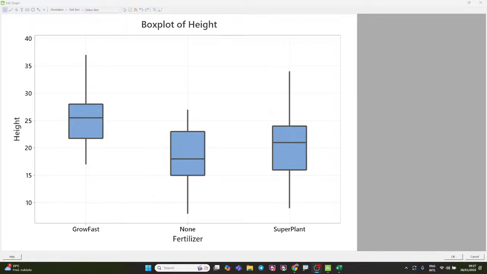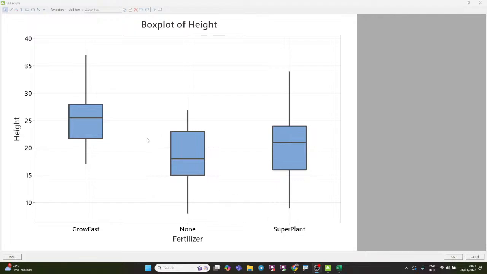Let me go back there for you. Very simple, okay? See that we have 3 data groups: grow fast, known, and super plant.